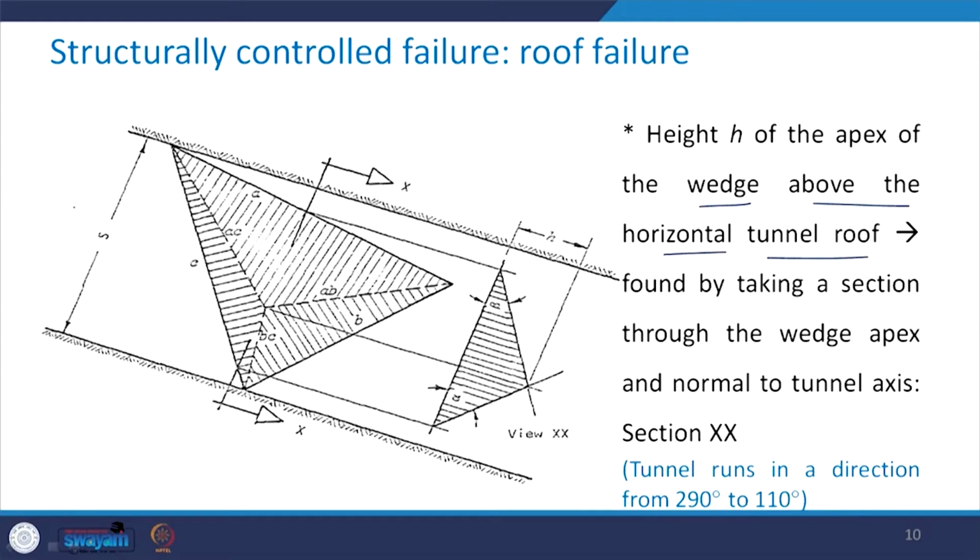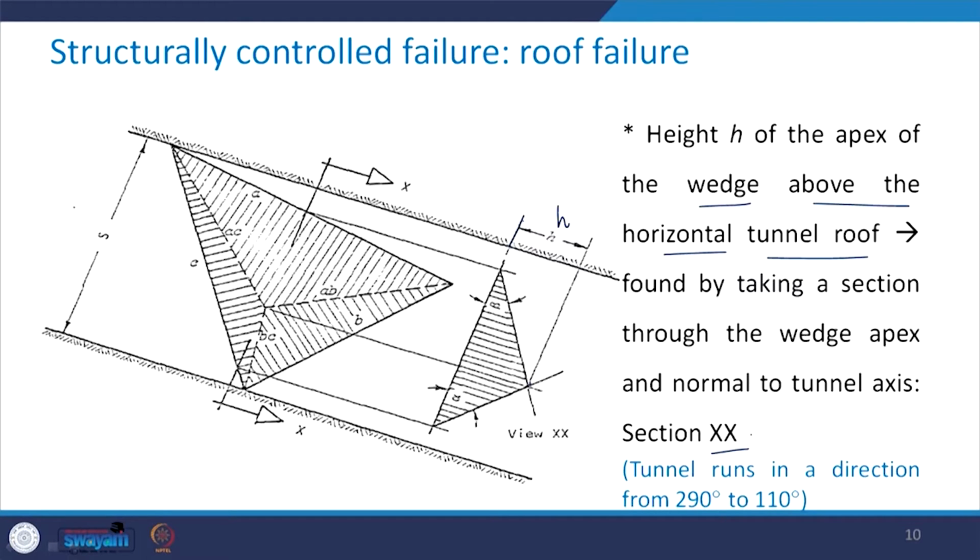That means from this point, this is the apex, so this dimension is h. It is found by taking a section through the wedge apex and normal to the tunnel axis, which is the section xx here. Remember that the tunnel runs in a direction from 290 degrees to 190 degrees.